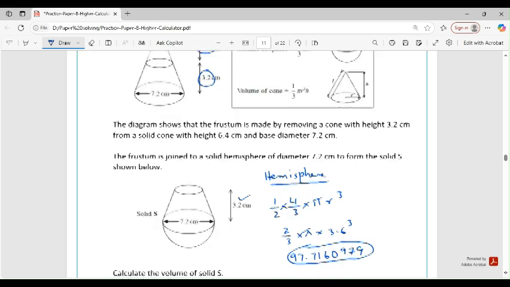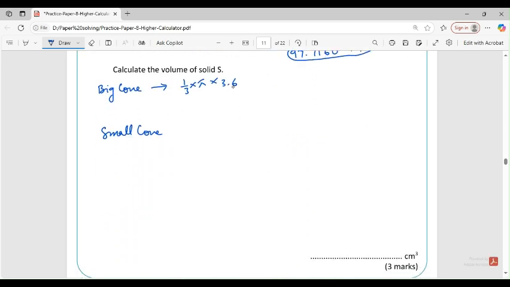So let's put these values in the calculation. It's going to be 3.6 squared times 6.4, because this is the big cone we are talking about. But when we are talking about the smaller cone, it's going to be 1 over 3 times pi times 1.8 squared. Where did I get this 1.8?